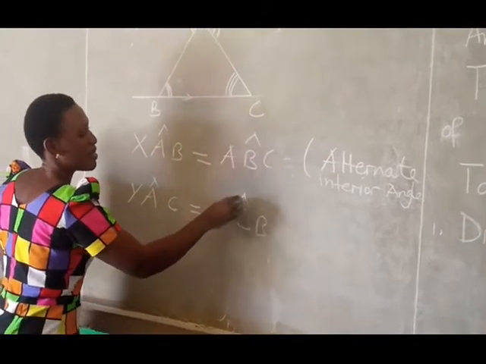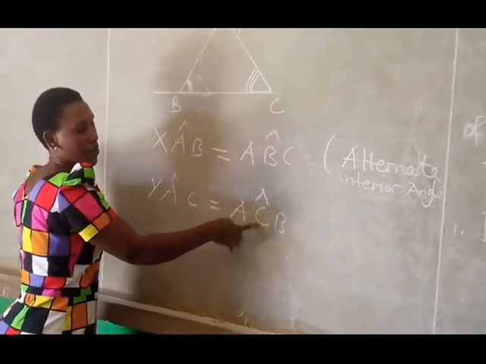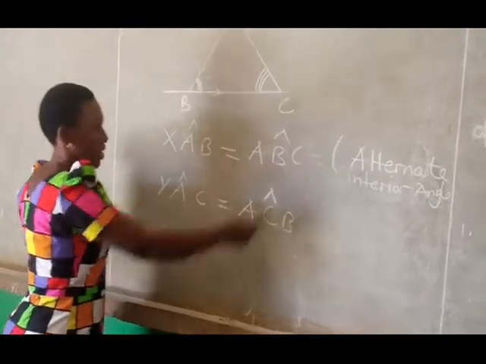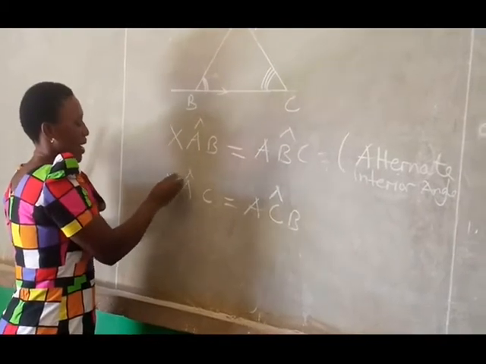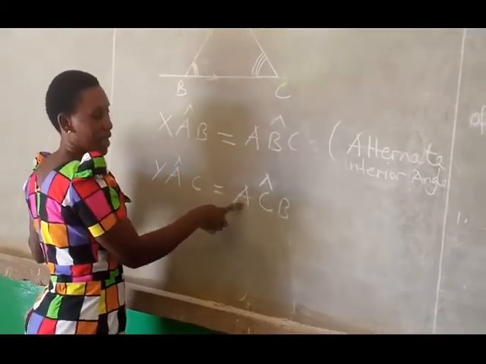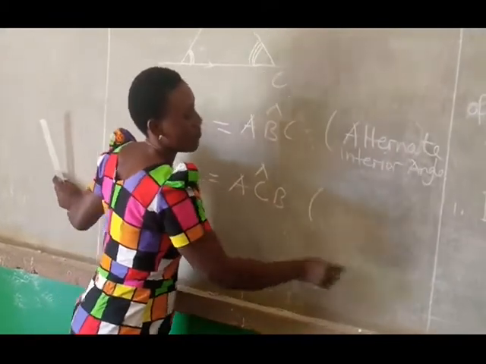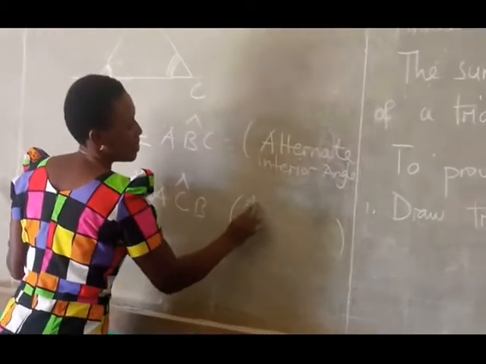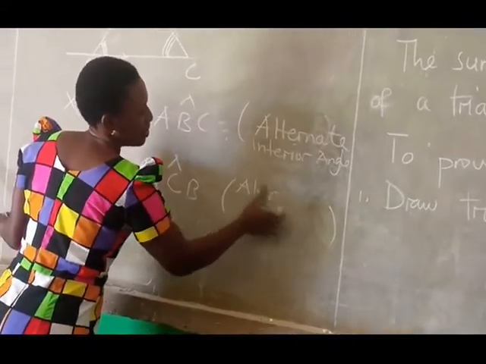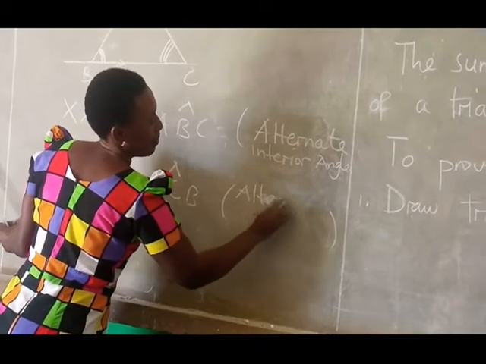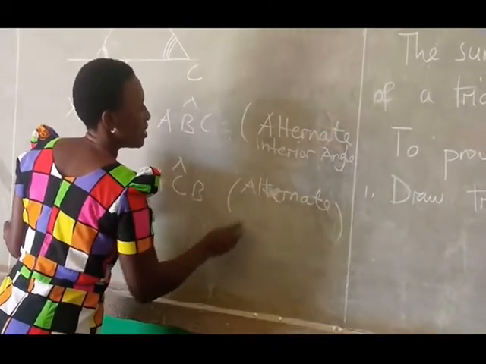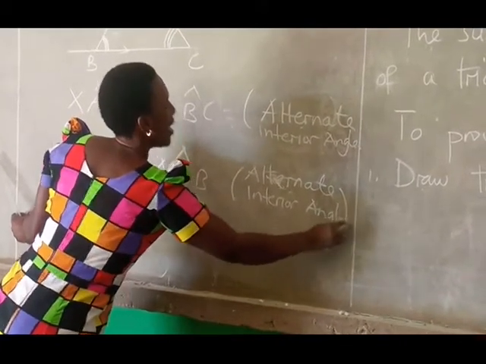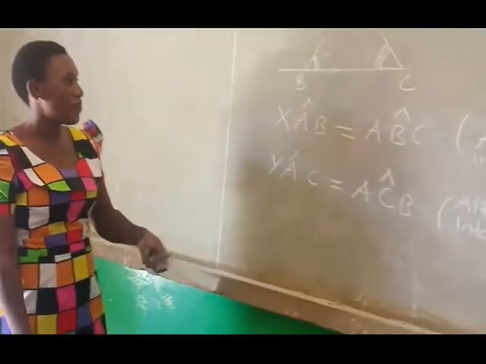When I put the mark here, I mean the corresponding angle, which is angle C, and here it is angle A, and here angle B. Then we say angle YAC is equal to angle ACB, and we also give the reason why they are equal. These angles also are alternate interior angles, angles within the Z shape.